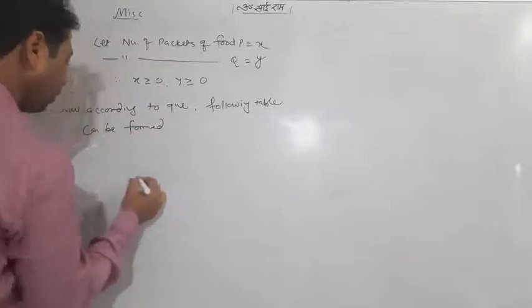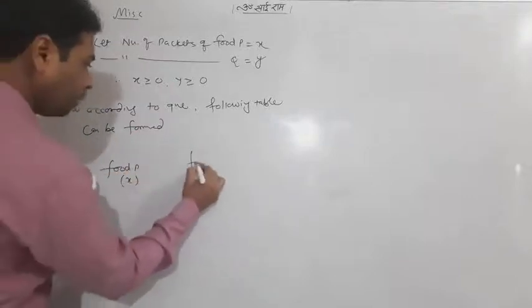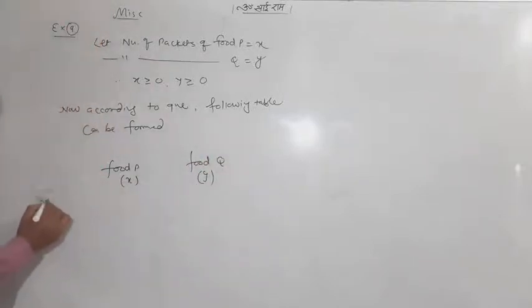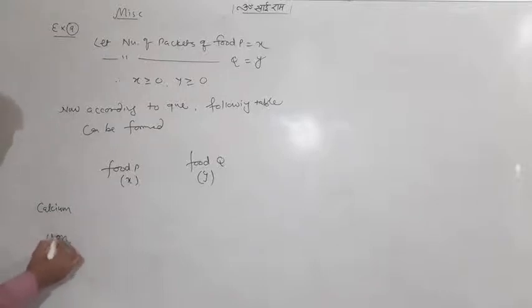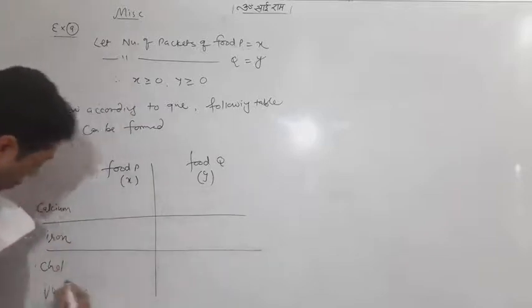Now this is simple. I'll tell you one simple thing: food P is X, food Q is Y, and here we'll write vitamin A. First is calcium, second is iron, third is cholesterol, and fourth is vitamin A. And I'll make it like that.